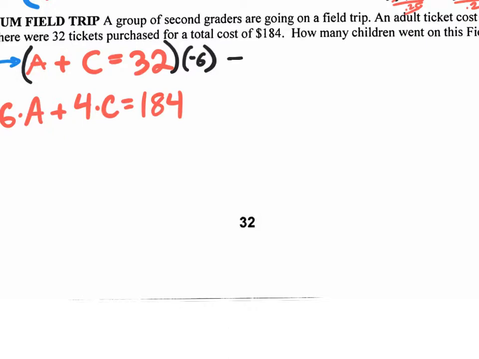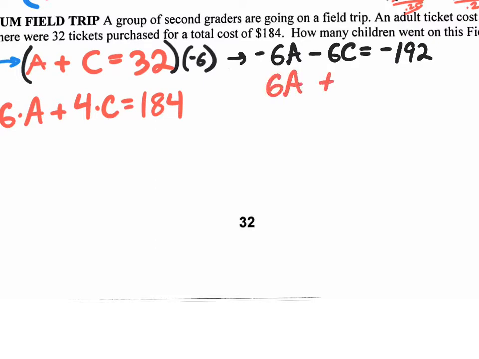I'll get -6A minus 6C equals, here's the hard one, 32 times -6, -192. So that's my new modified top equation. My bottom one's going to stay the same. It says 6A plus 4C equals 184.